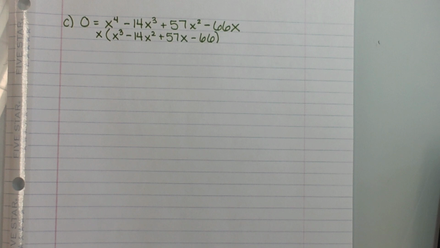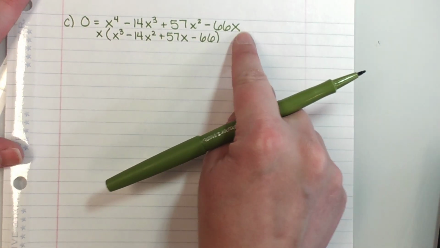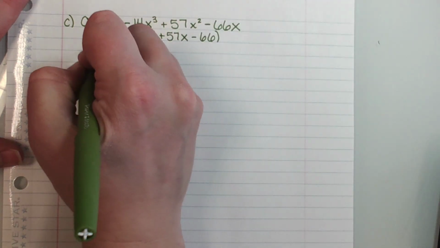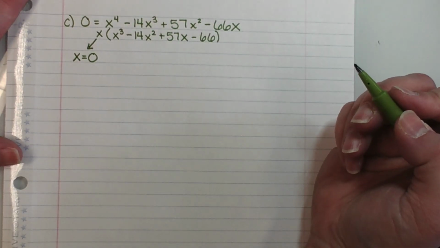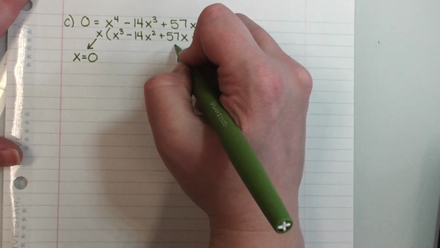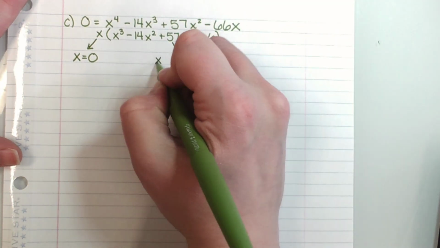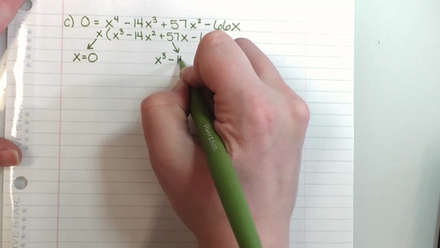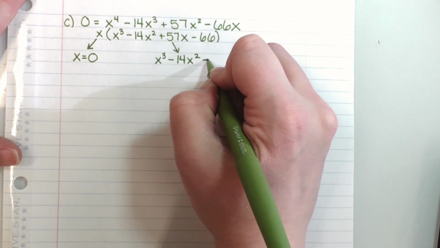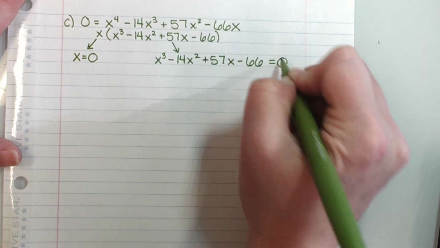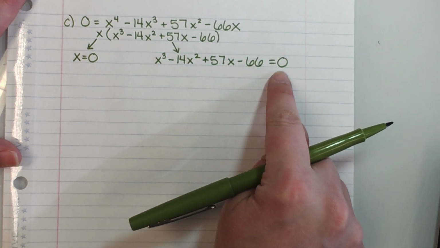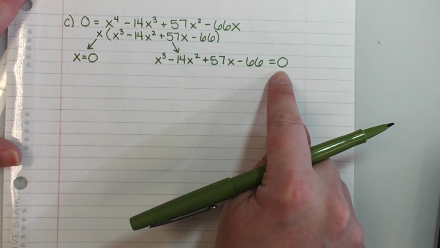So I go to my calculator. Now when I type in my calculator, I can type in the original. It's going to give me x equals 0 as one of its solutions. Or, if I prefer, I can look at the graph of this other factor that I have.